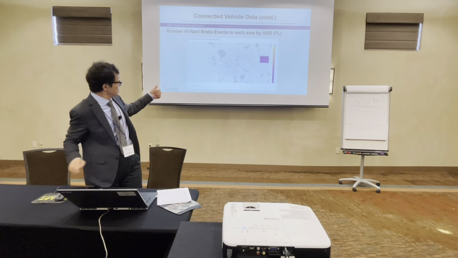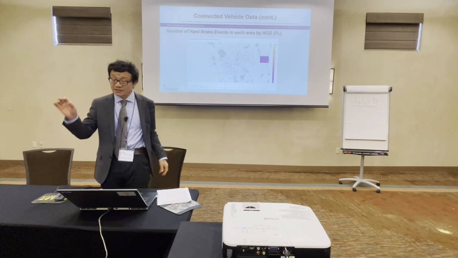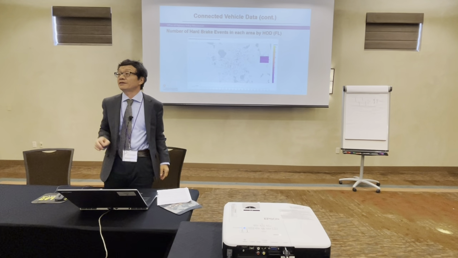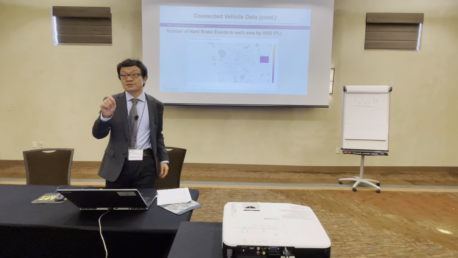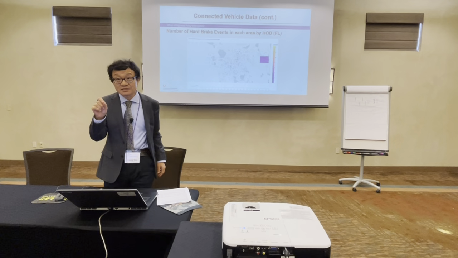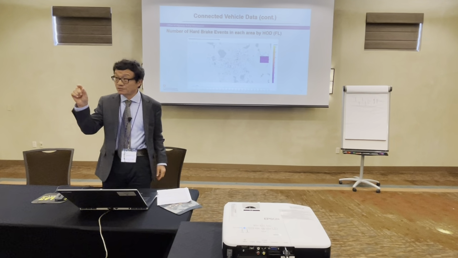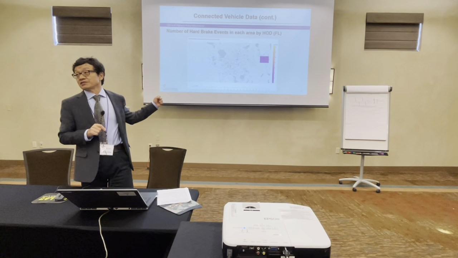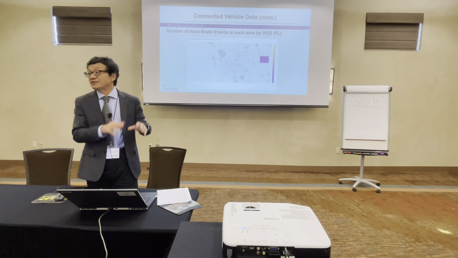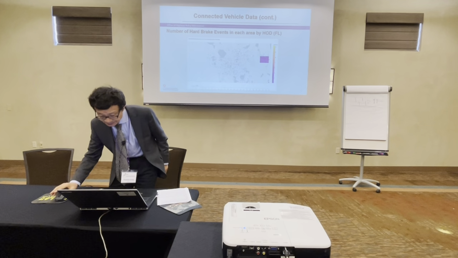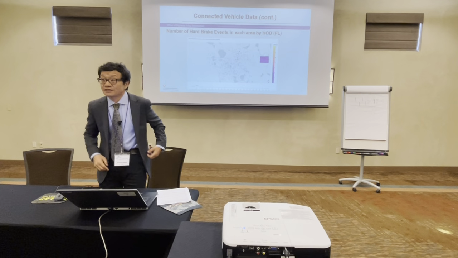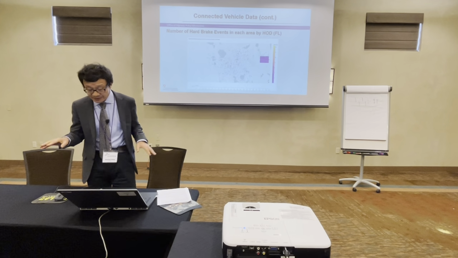Each dot you are seeing on this map represents one of those rectangular areas. The size of the dot represents how many events happened within that particular area at that hour, and the color represents the average speed when that event happens. So we can understand things geographically.